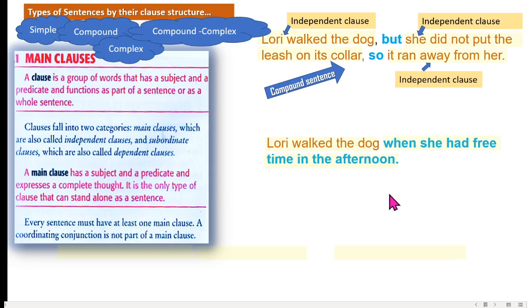Let's look at the other example. Lori walked the dog when she had free time in the afternoon. When she had free time in the afternoon means a subordination. It's not complete. If you separate it from Lori walked the dog, it doesn't make sense. The listener expects you to complete the meaning. So there's an independent clause, Lori walked the dog, and there's a dependent clause, when she had free time in the afternoon.